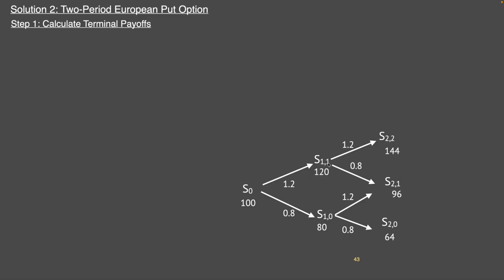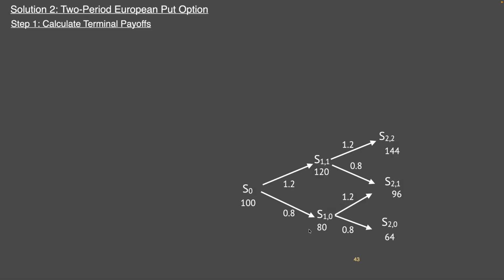Now after the first move, this stock price of 120 can again move up or down by 20%. When 120 moves up by 20%, it becomes 144, and when it moves down by 20%, it becomes 120 into 0.8, which is 96.